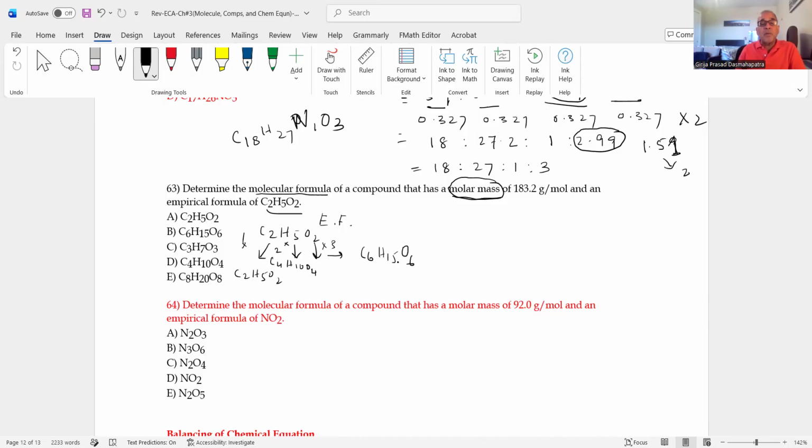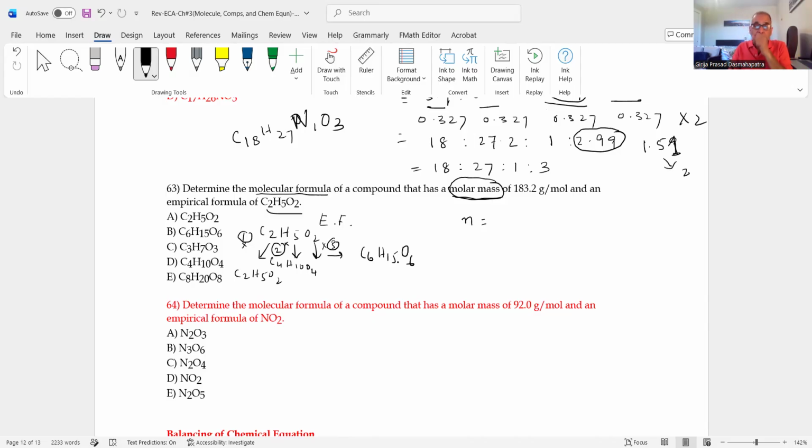So it means you have to find out this common factor, whether it is 1, 2 or 3 or 4 and on and on. And this is represented by n. The n is this factor, 1, 2 or 3. How could you find out?